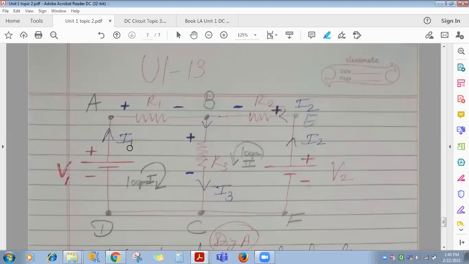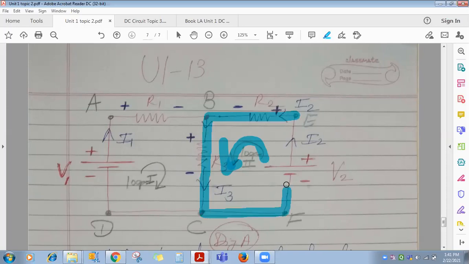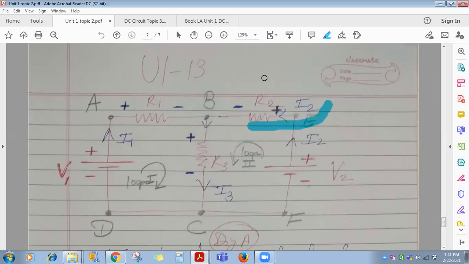Now see the second loop. In which direction are we moving? Anti-clockwise. Here I have represented it anti-clockwise. So you can write: apply KVL to closed loop 2, E, B, C, F, E. Start moving in the anti-clockwise direction. What about I2 R2?